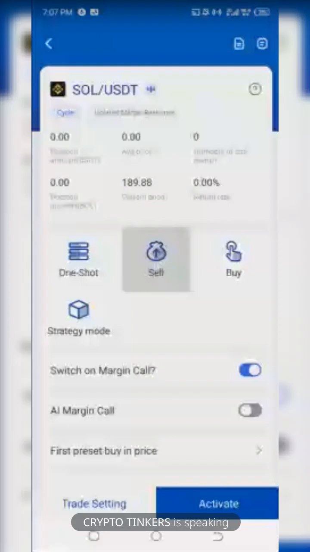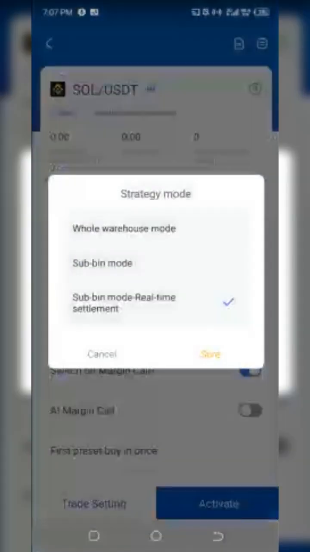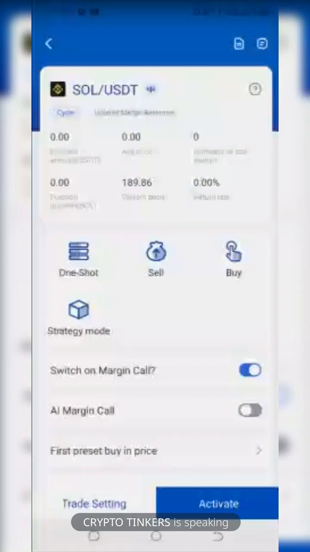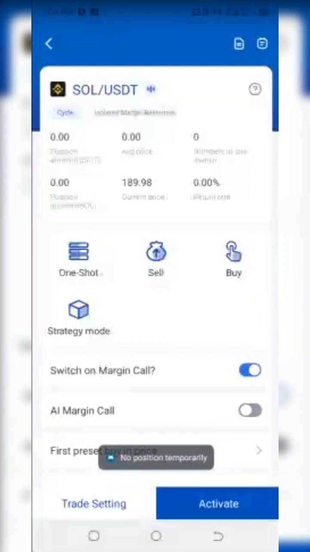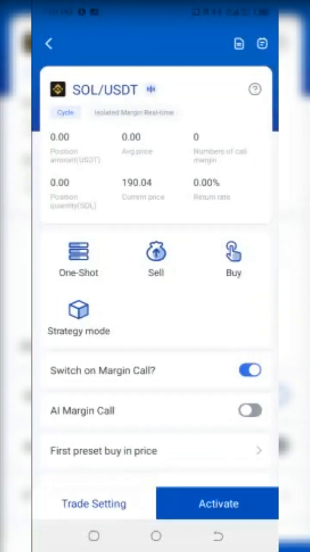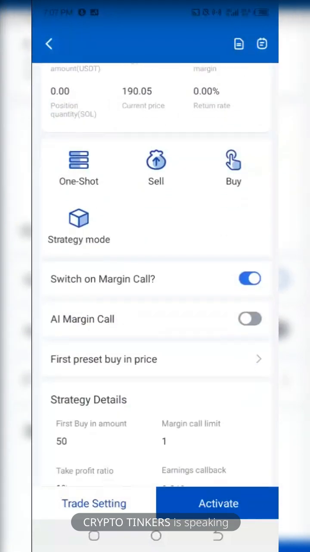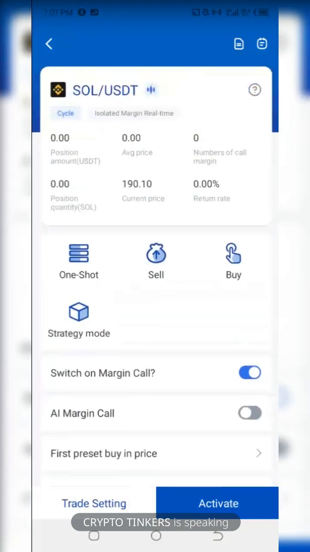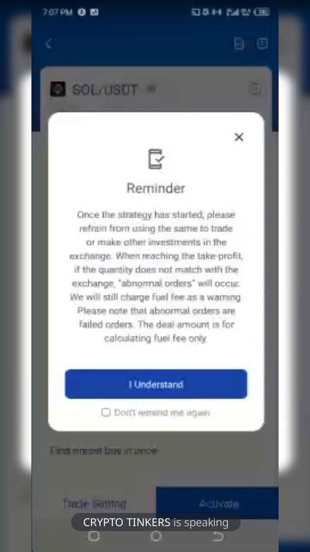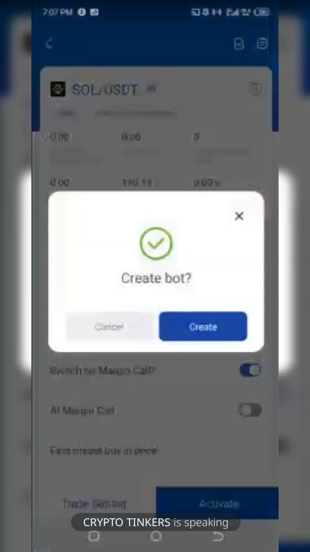When you click on share, you activate it. So it's like you are on Binance and you are buying the assets.